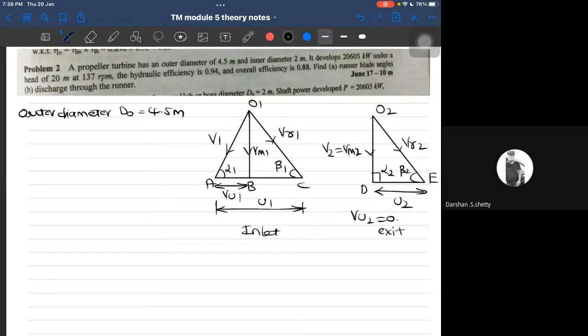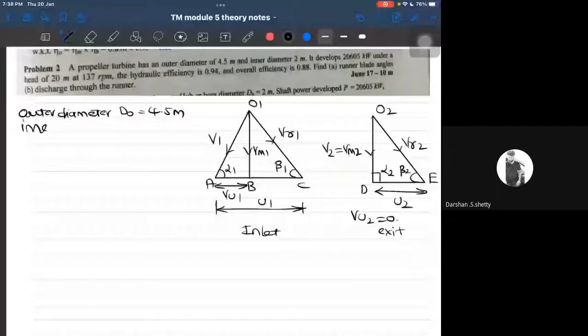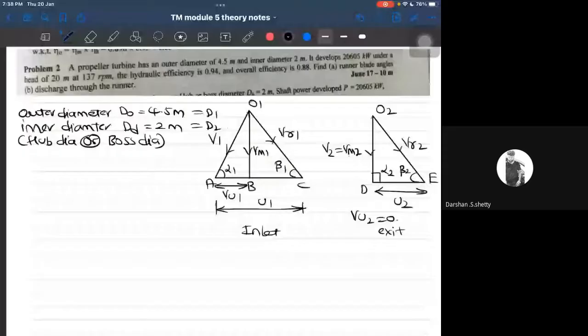Inner diameter is also called hub diameter or boss diameter. So this is Db, which is equal to 2 meters.